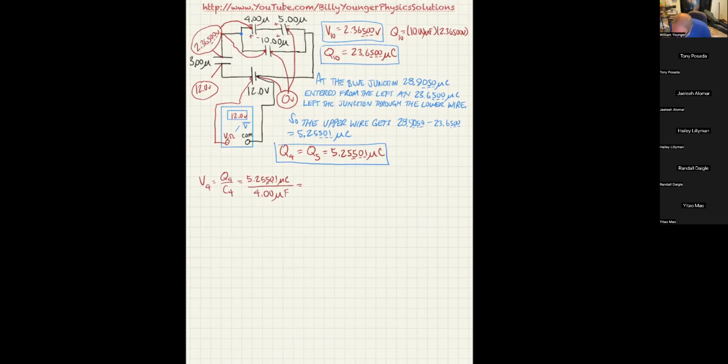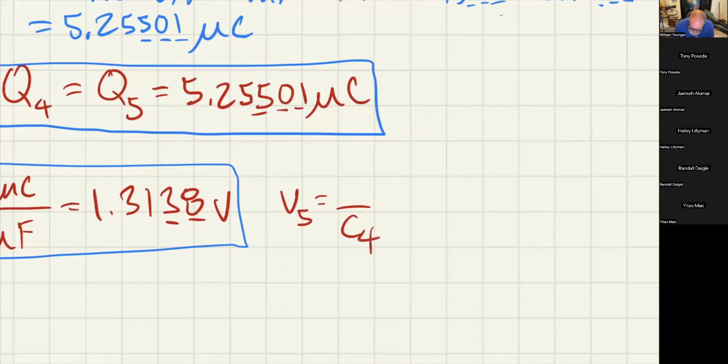So dividing this 5.255 by 4, I get 1.3138 volts, and the 3 and 8 are extra sig figs. So now I have the voltage across the 4 microfarad capacitor, and the voltage across the 5 microfarad capacitor, V5, is Q5 over C5. And I don't like how my Q5 looked.